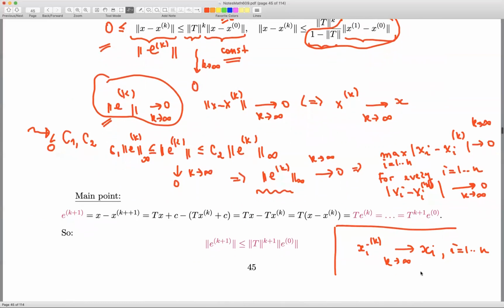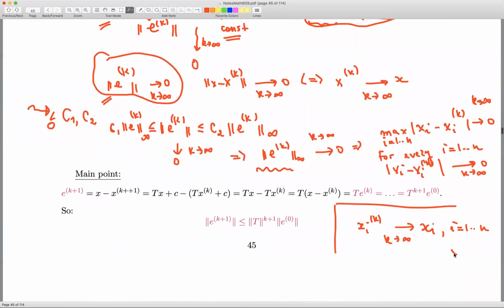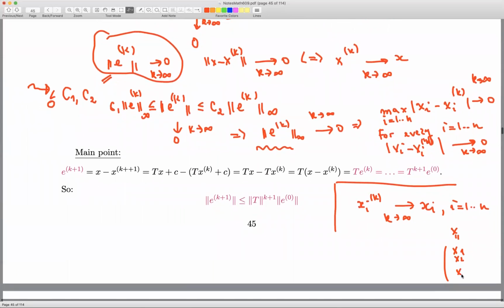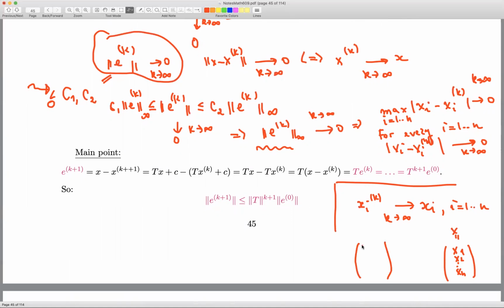Or in other words, if we look at the vector x, the column vector with coordinates x1, x2, and so on, xn, which is the solution of our system, and then we look at the coordinates of the kth iteration, x1k, x2k, and so on, xnk, then coordinate-wise the first coordinate of all these vectors will converge to the first coordinate of the vector x.